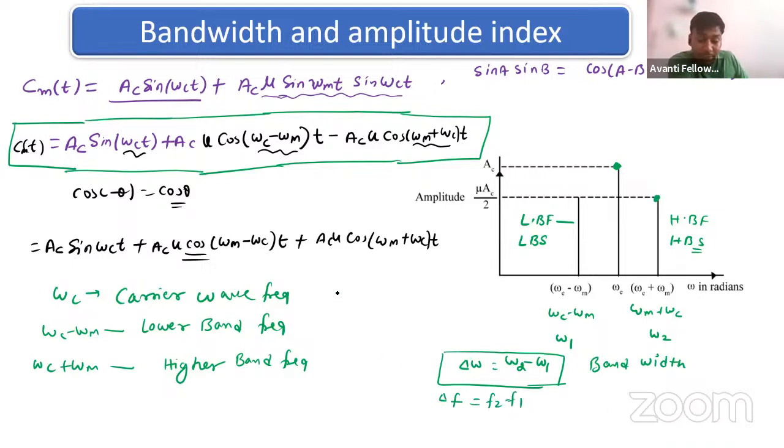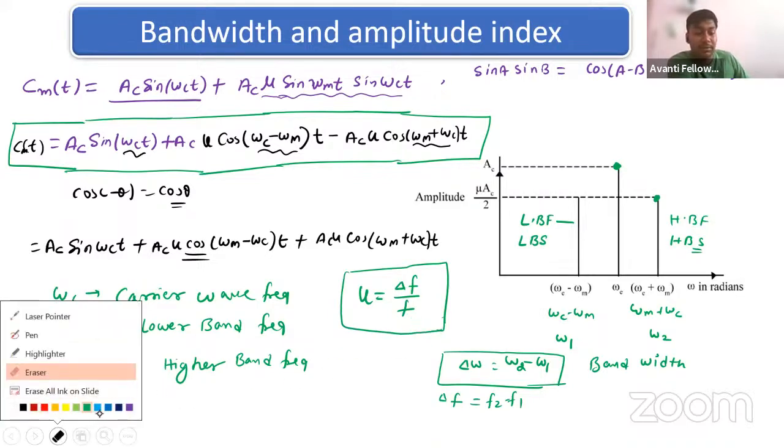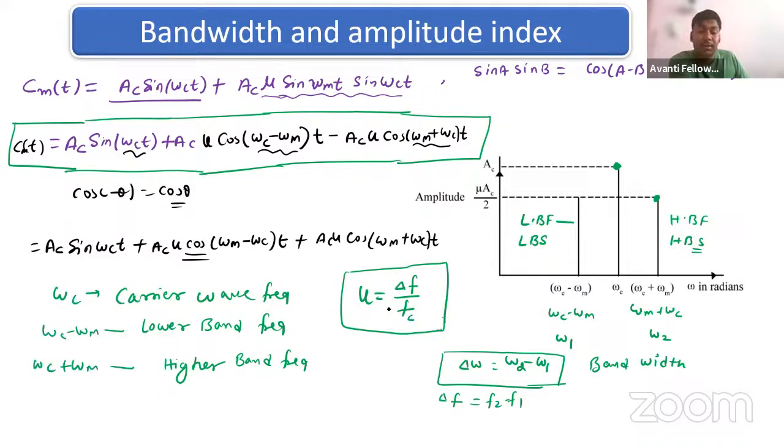In frequency terms also, the modulation index can be written as delta f over f, where f is the carrier wave frequency, not the message.